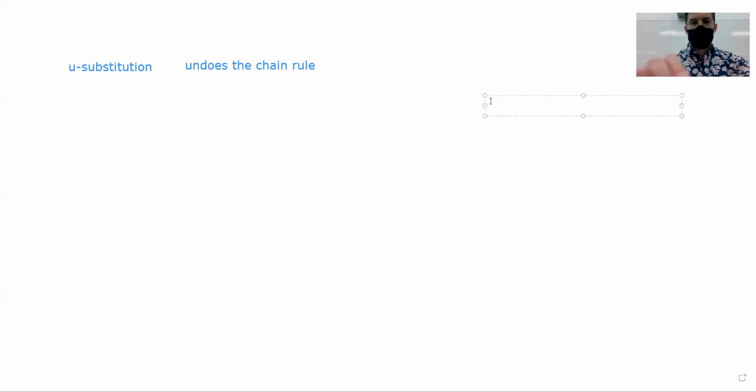You've had these techniques of differentiation, which you can think of as taking derivatives. Now, this U substitution, this thing that undoes the chain rule, what technique was that an example of?